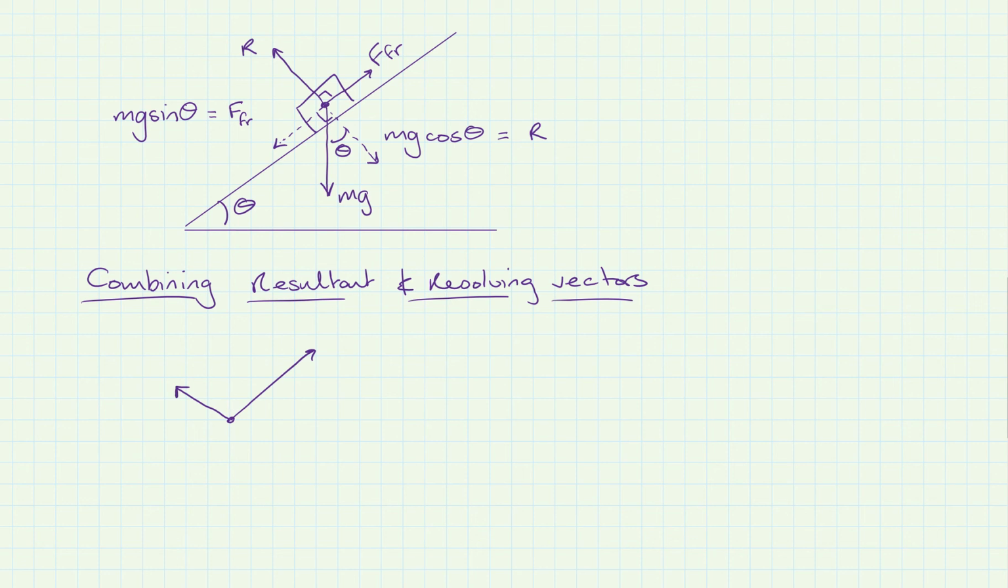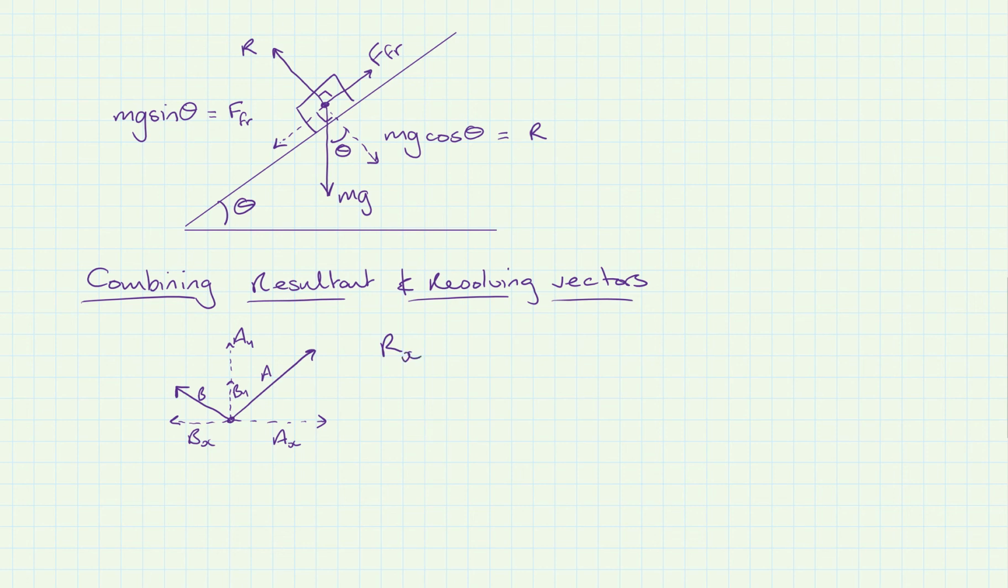What I can do is resolve, if we call them, let's say, A and B, then I can get AY, and then I'll get some different BY, and I can get AX and BX.